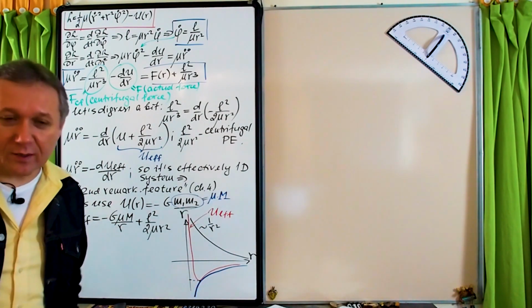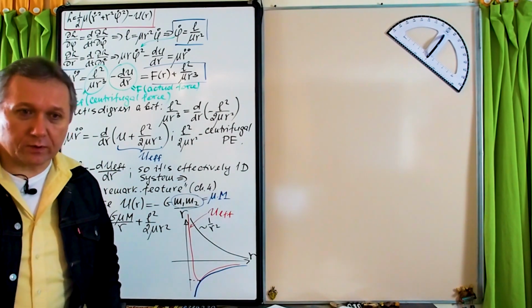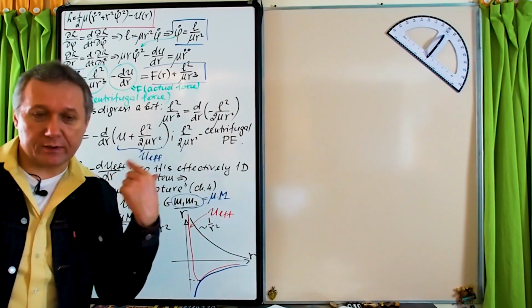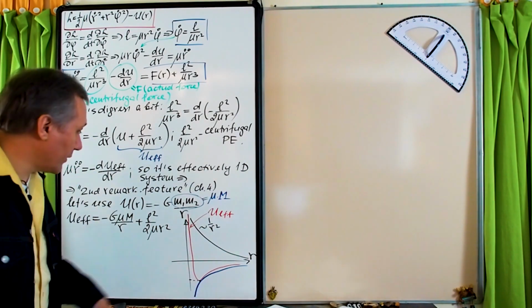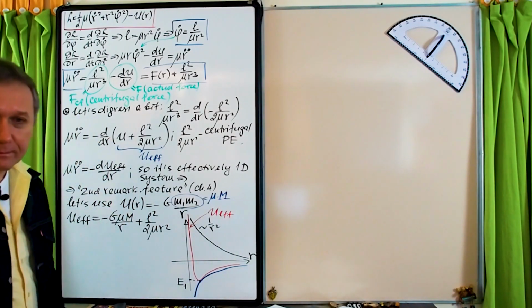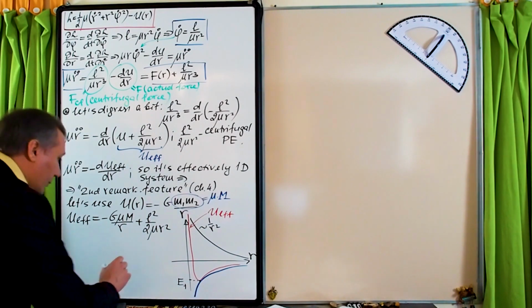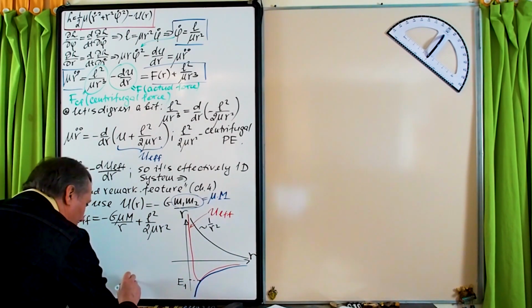Because we still have a hidden phi motion, R is constant, but phi of course changes. So if you provide this amount of total mechanical energy, E1, of course you will get circular motion. I will write underneath, and it's getting more and more difficult to write. So, circular orbit.